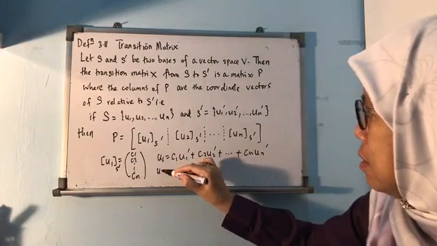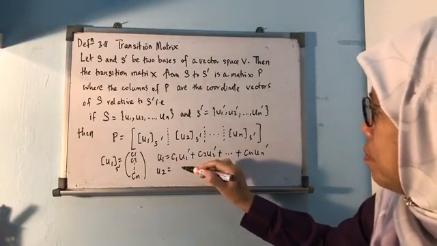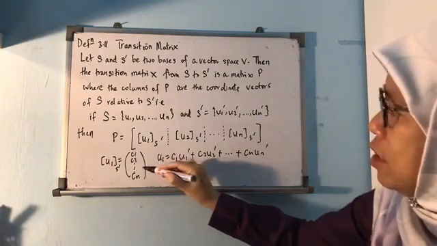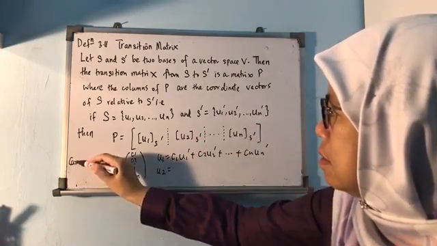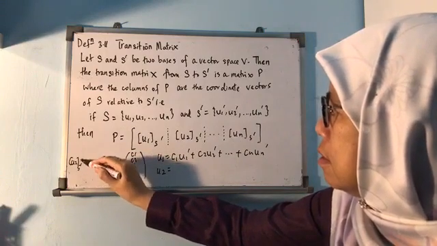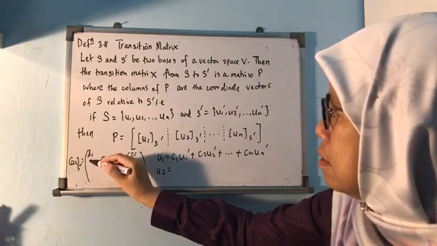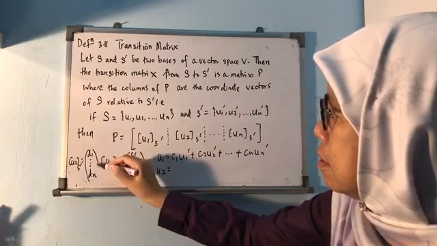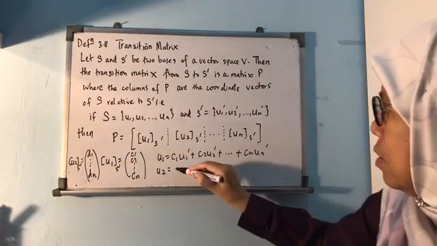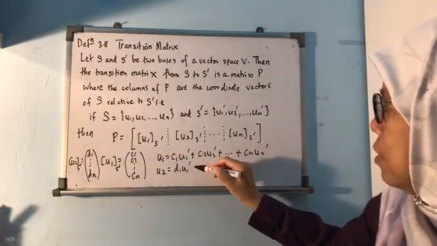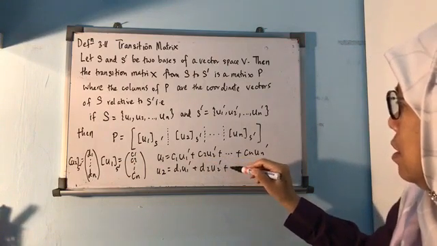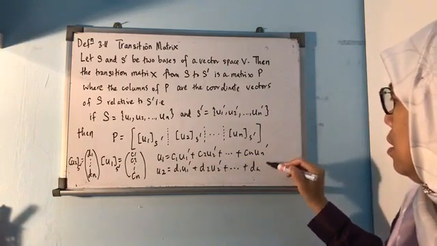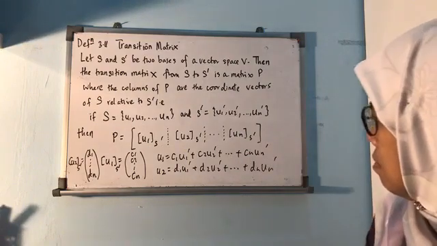If U2 is D1 until Dn, then this one is D1 U1 prime plus D2 U2 prime until Dn Un prime.